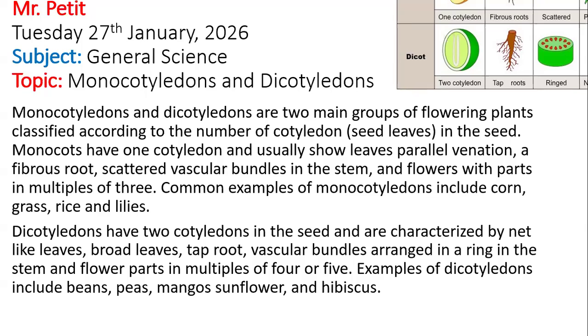Broad leaves. What sort of venation do they have? Net-like veins. Which one has parallel veins? Monocots. Very good. So monocots have parallel veins.